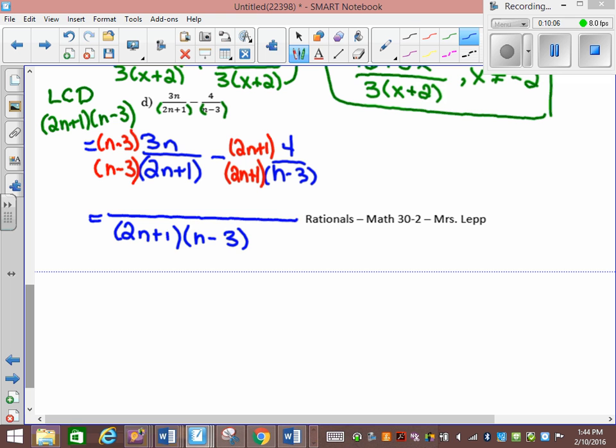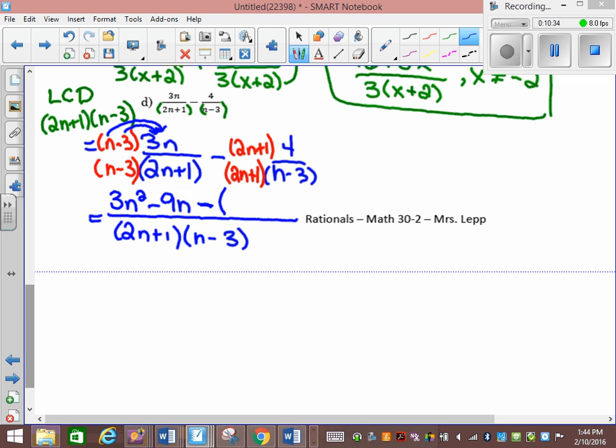On the top, I'm going to get n times 3n is 3n squared. Negative 3 times 3n is negative 9n. And then when there's a subtraction sign between them, what I always do is rewrite the subtraction sign and then put a bracket and put all of this distributed stuff into the bracket. And then after that, you can distribute the negative.